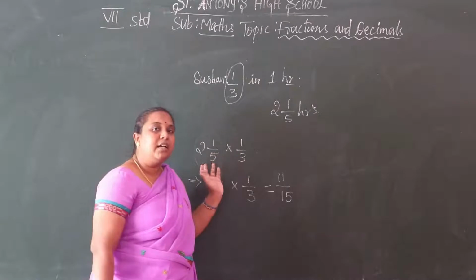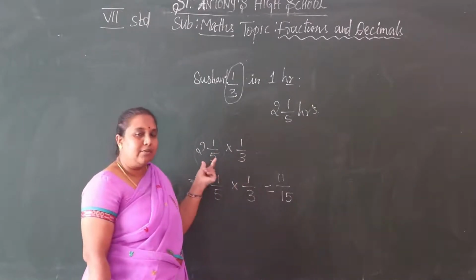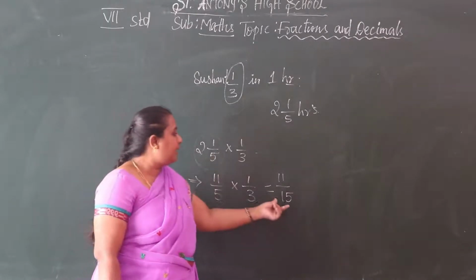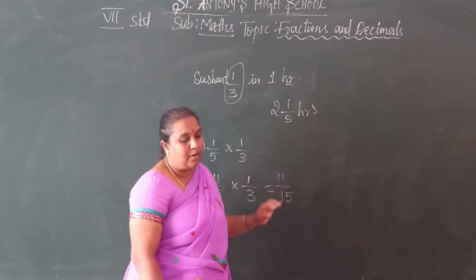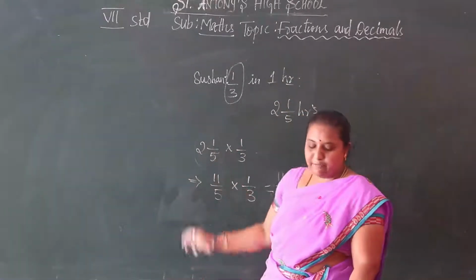Here we have the hours in mixed fraction form, 11 by 5 hours in the 2 into 1 by 5 hours.